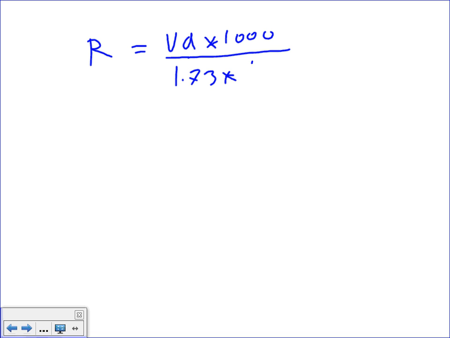Then the same thing. We need R equal voltage drop times 1,000 divided by 1.73 times the amps times the length, right?